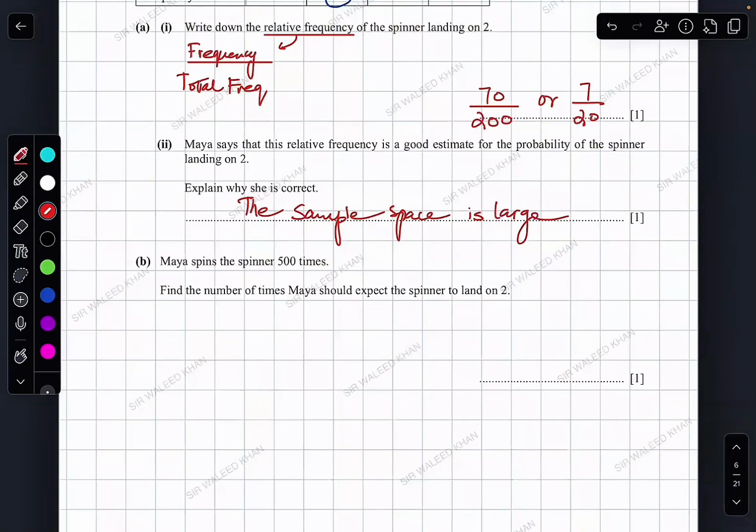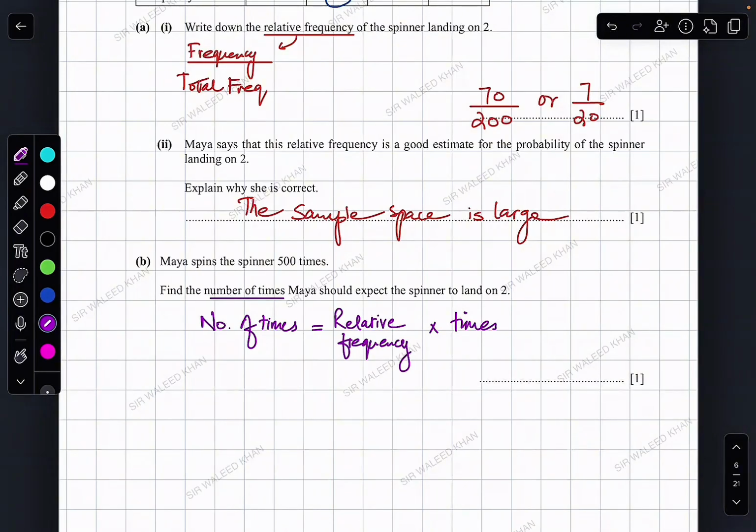So whenever we are dealing with the number of times a thing is occurring, and because they are not asking for the probability of it, they're asking about the number of times it is going to happen, we can use the relative frequency, which is just the probability, multiplied by the number of times they are using the spinner.